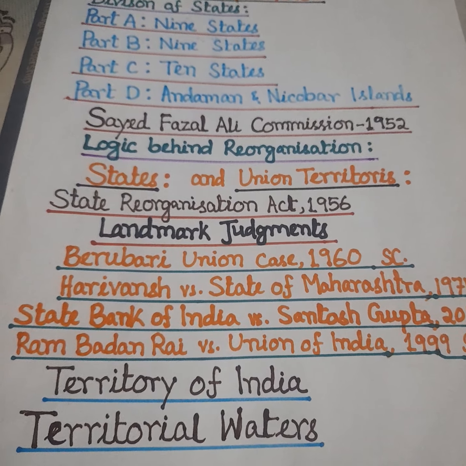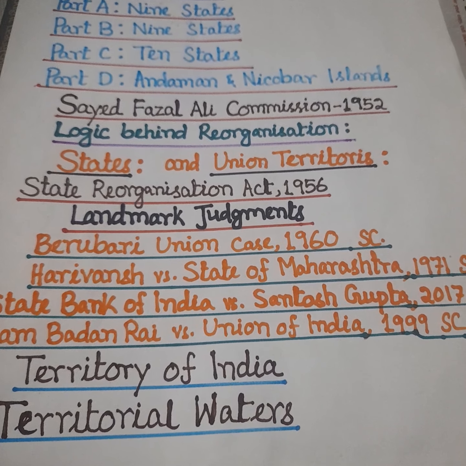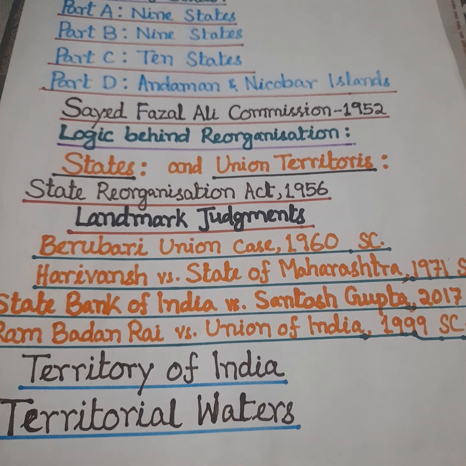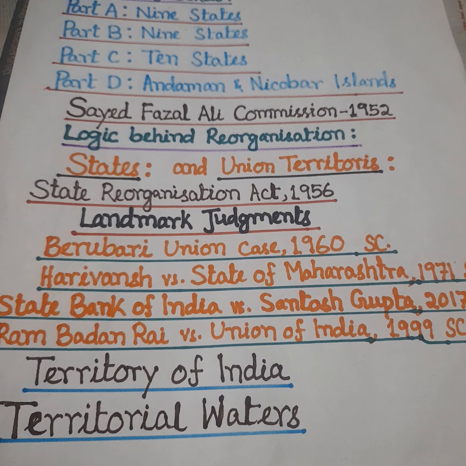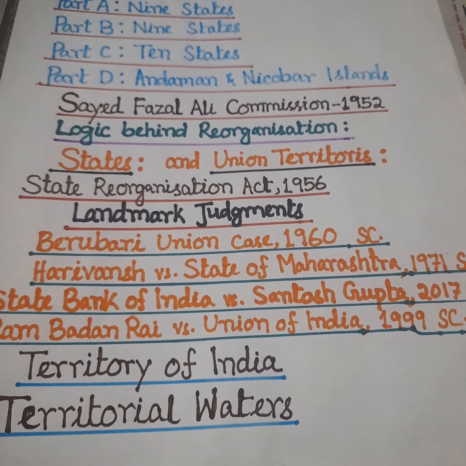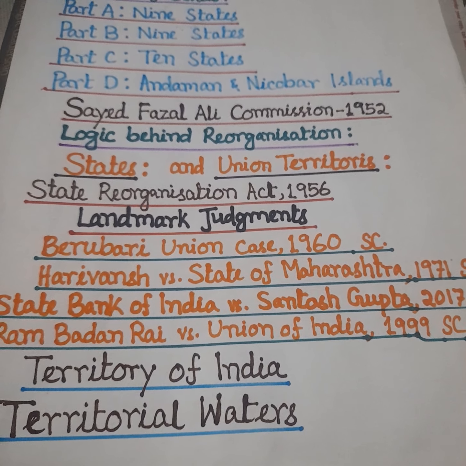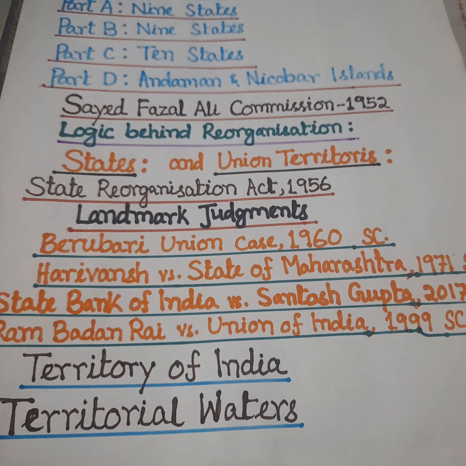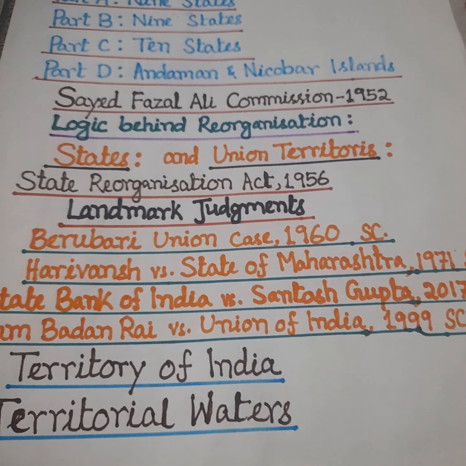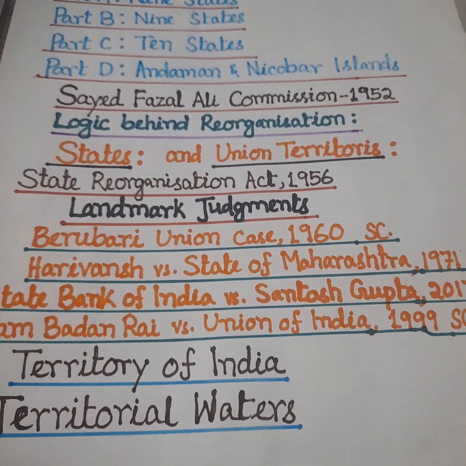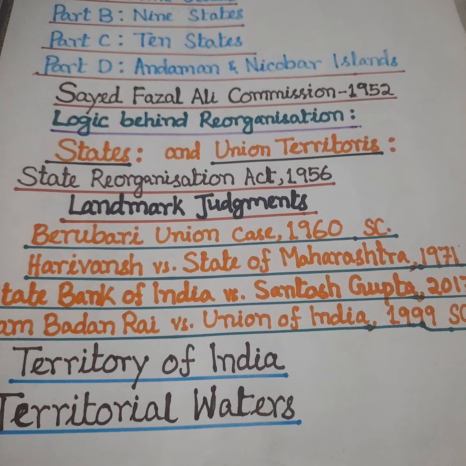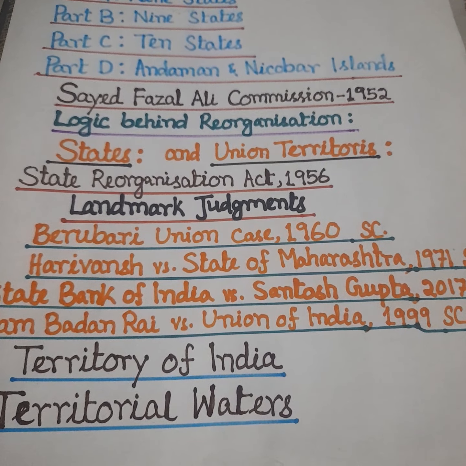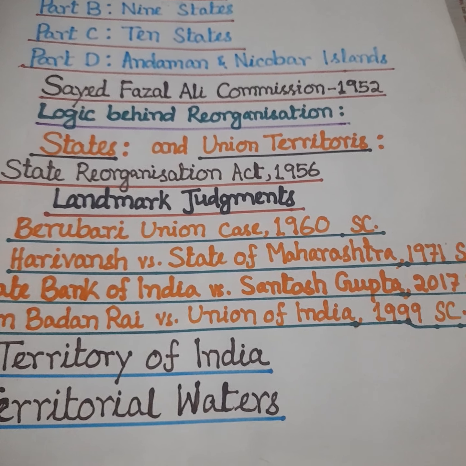So, as per the provisions of Article 3, the Parliament of the Union has the power regarding alteration of areas, boundaries, or names of existing states. The very article provides that Parliament may by law form a new state by separation of territory from any state, or by uniting two or more states or parts of states, or by uniting any territory to a part of any state.